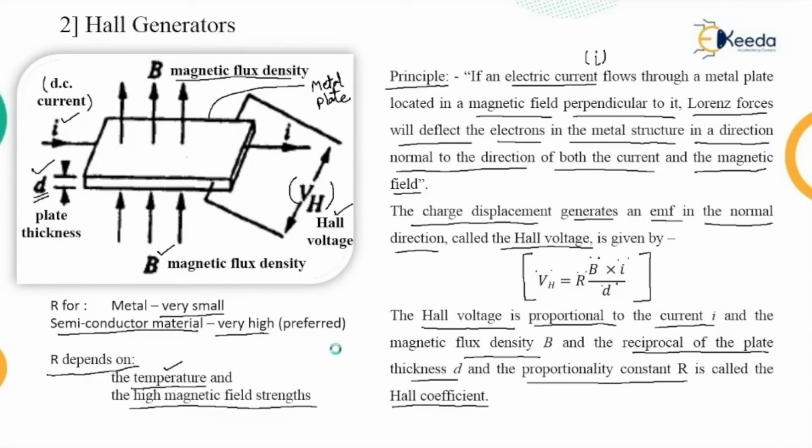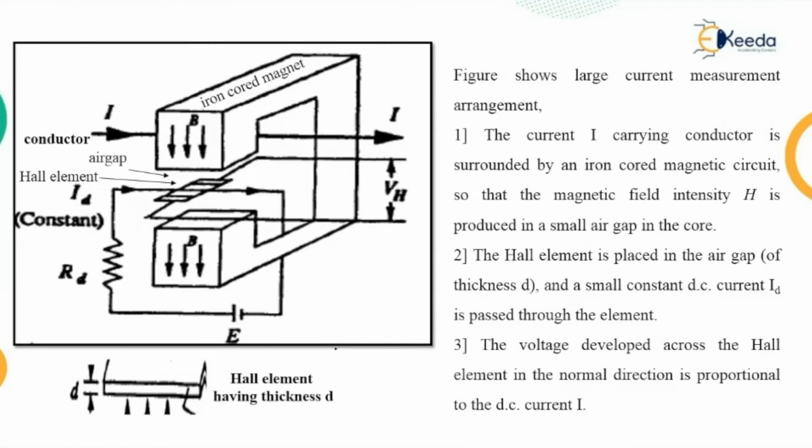Now let us understand the construction and the operation of this Hall generator. This is the way through which the flux density can be developed.